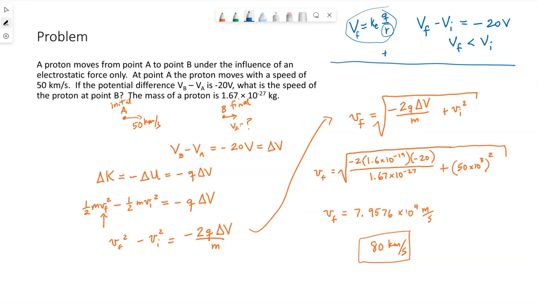So if we have a positive charge creating an electric field, we're essentially saying that our final location would be farther away than our initial location. So this means our proton moved in the direction of the electric field.